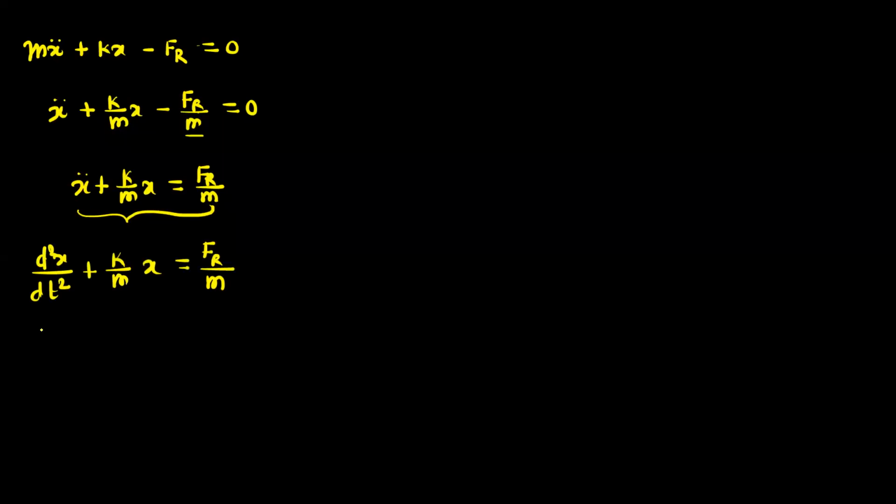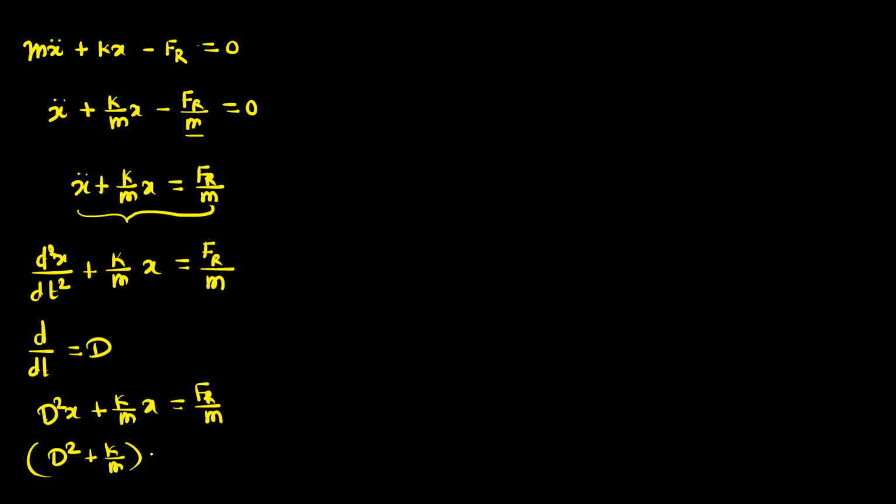For that, just replace d by dt by capital D, that is the D operator, and write the equation. So it is D square x plus k by m x is equal to f upon m. So the equation will be D square plus k by m into x is equal to f upon m.